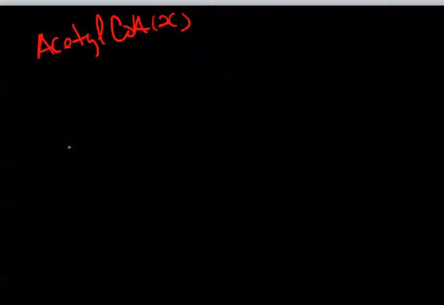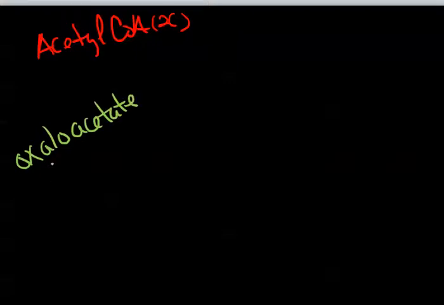So we have the acetyl-CoA, two carbons, and now you don't need to know the names of all the intermediaries, but I do feel it's good to know the first molecule that's going to bind to the acetyl-CoA, and that is oxaloacetate.